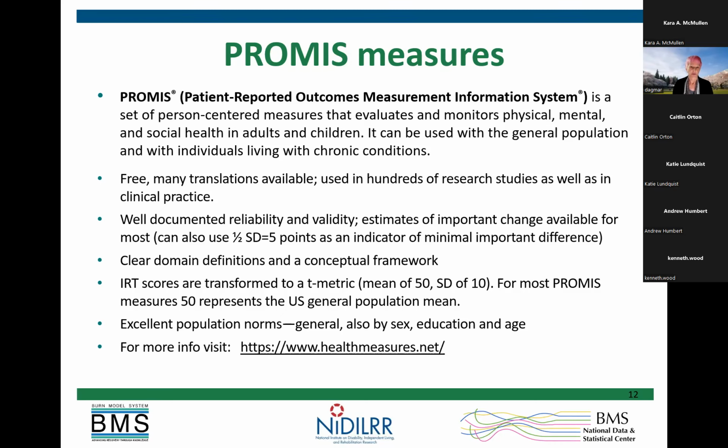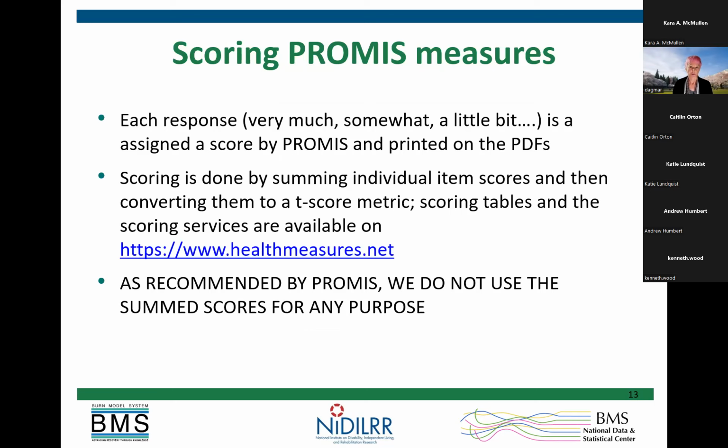There is a lot of information available about Promise measures. You can look at healthmeasures.net or contact them if you want more information. So how does this work? For all Promise measures, and really all measures, each response has a score or number assigned to it by the developer.